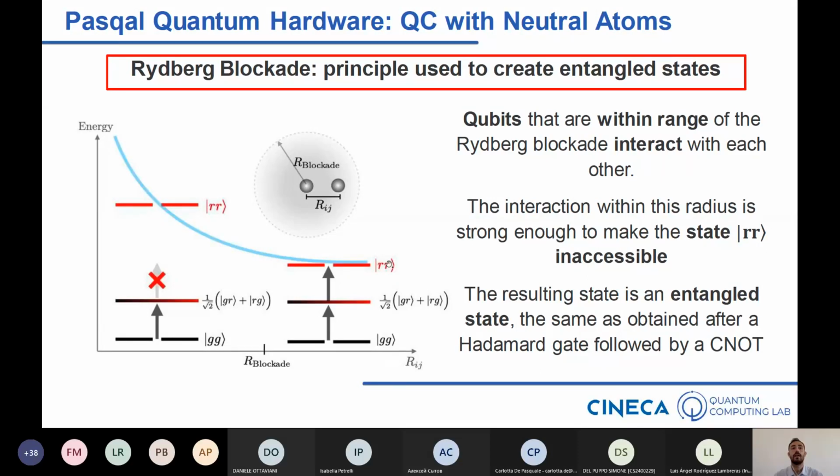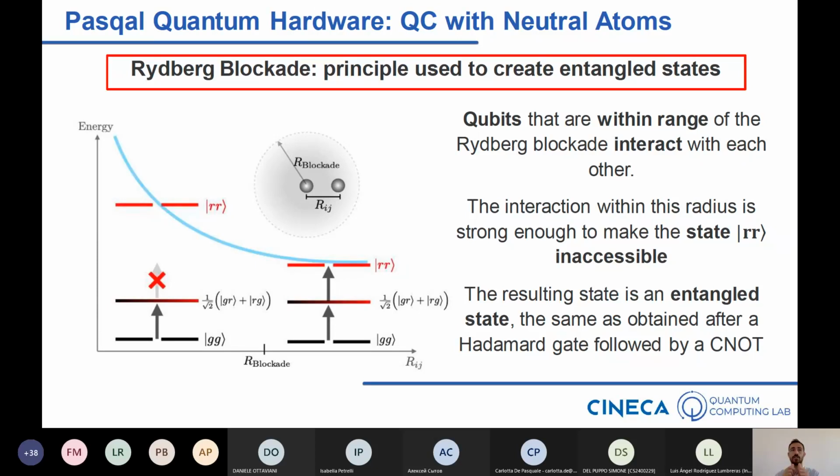When the two atoms are close, so they cross the Rydberg blockade, the energy associated with the state where both atoms are excited gets an increase.